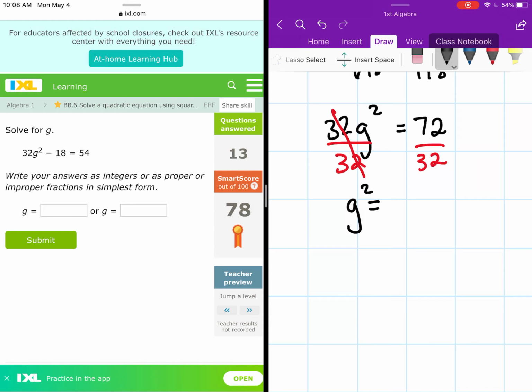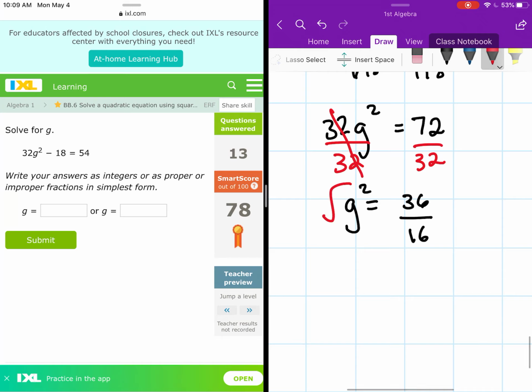So 72 and 32, both of those numbers can be divided by 2. If I divide 72 by 2, that gives me 36. And 32 divided by 2, that gives me 16. Now, could I simplify this a bit more? Yes. But because I know that those numbers are perfect squares, in other words, 6 times 6 is 36, and 4 times 4 is 16, I'm going to keep them that way.